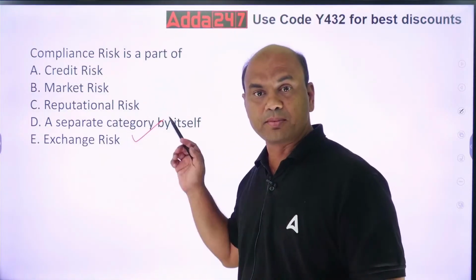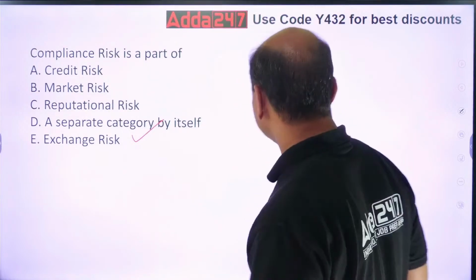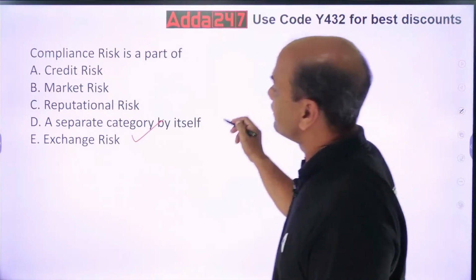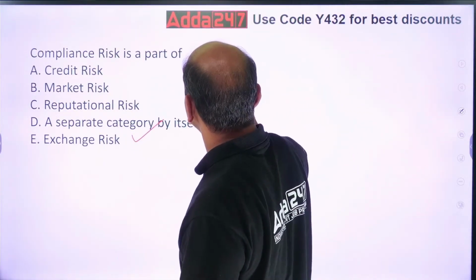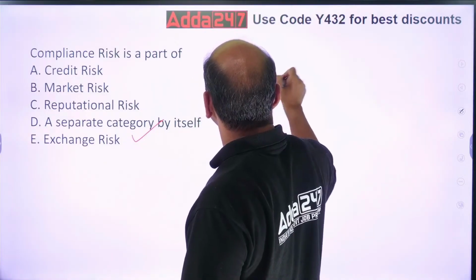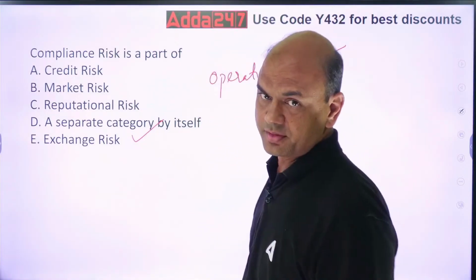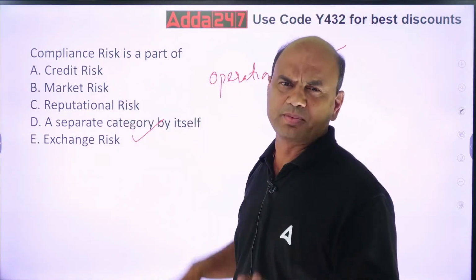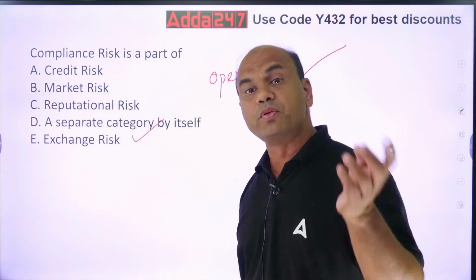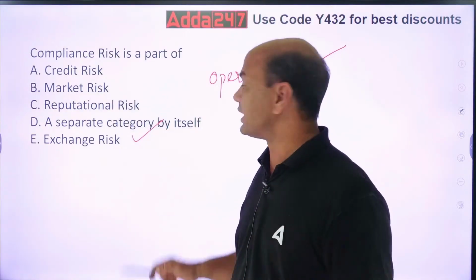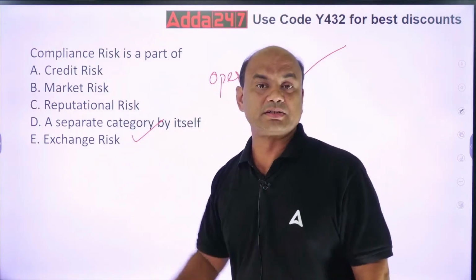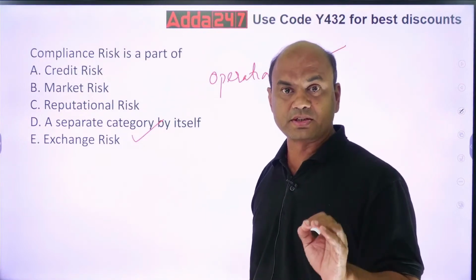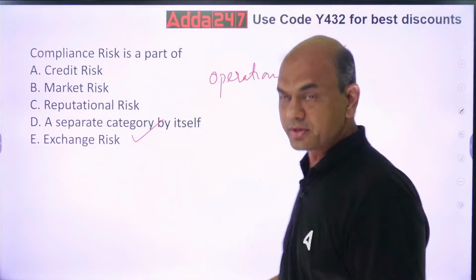But actually, compliance is a part of operations. So check in the exam: if they give you the answer as operations risk, then tick mark on operations. Credit, market, ops, reputational, these will be the four options given. Now, if both operation and exchange are given, then the best answer is operations. If it is not given, then exchange. Okay?